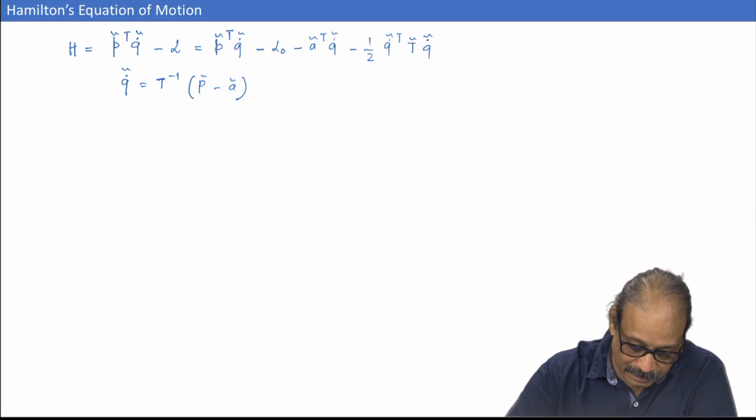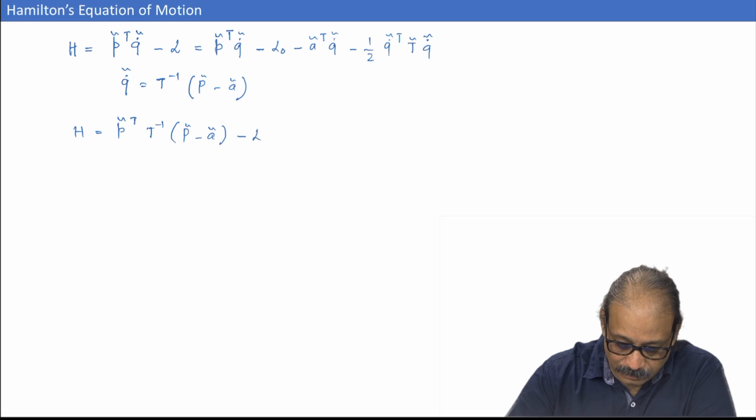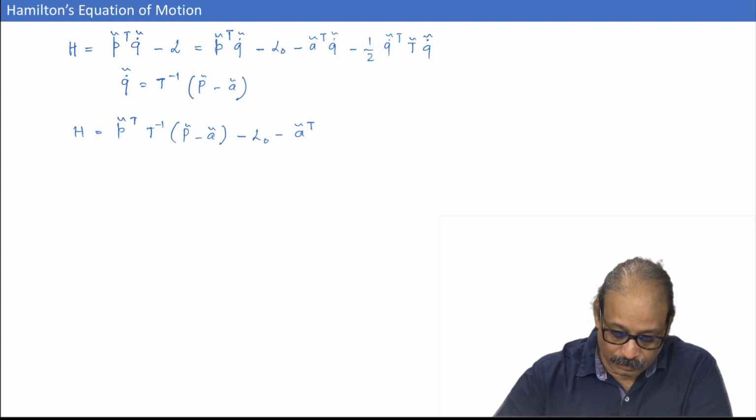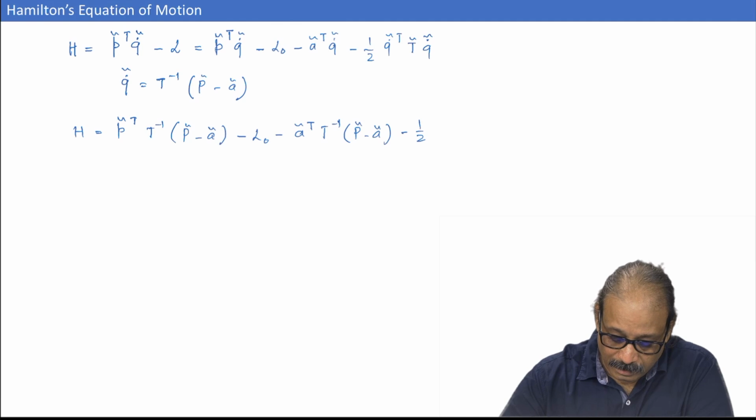Let us substitute this back into this equation, and the Hamiltonian then will become P tilde transpose T inverse, and you have P tilde minus A tilde, minus L0, minus you have A tilde, and then substitute for Q dot there. Substitution for Q dot, you will get T inverse, P tilde minus A tilde, and minus half you have.